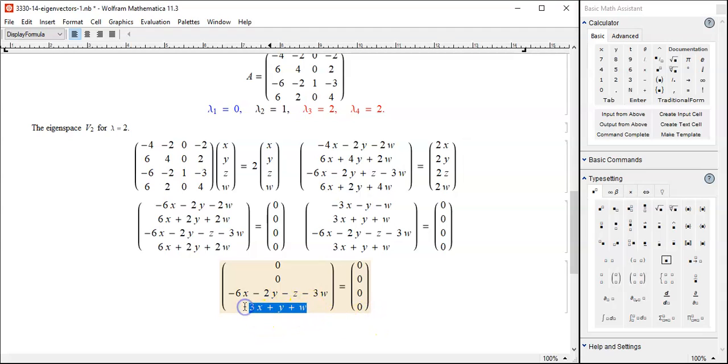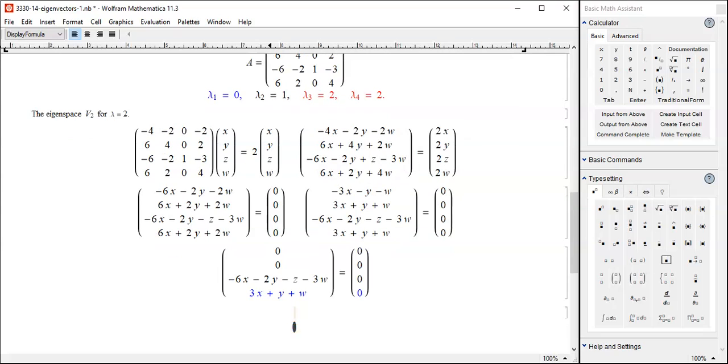From the last equation, which I'm highlighting in blue, looks like I'm getting 3x plus y plus w equals 0. So w is equal to negative 3x minus y. Is that correct?